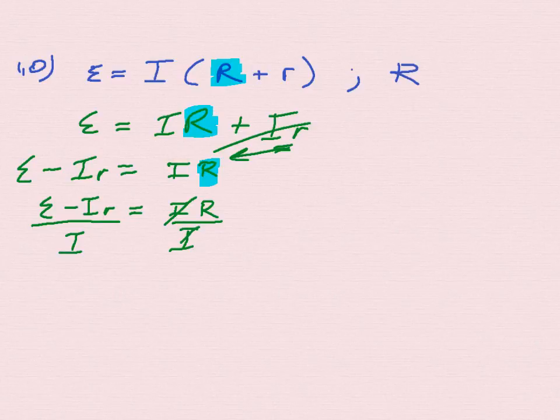You cannot cancel the I on the left because the I only occurs in one term on the top. You could cancel it straight away if there was also an I up with the E, but there isn't. So you need to leave it as the E minus the Ir, all divided by the I, to solve for the capital R.